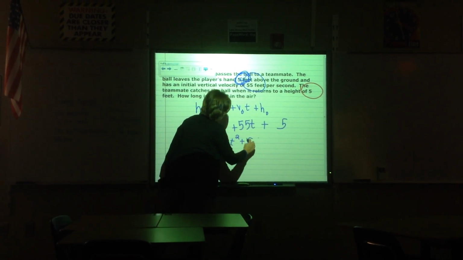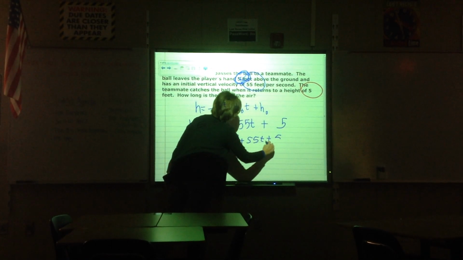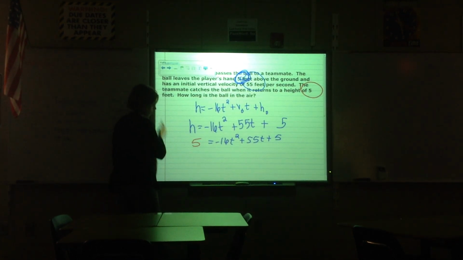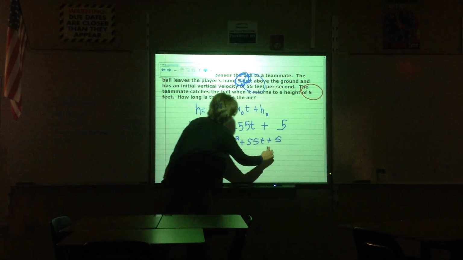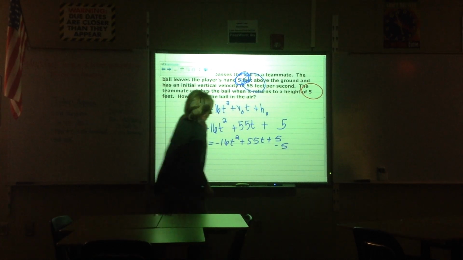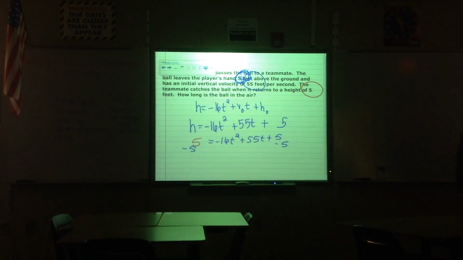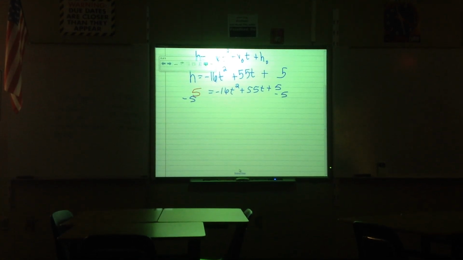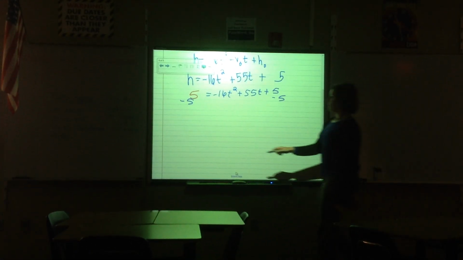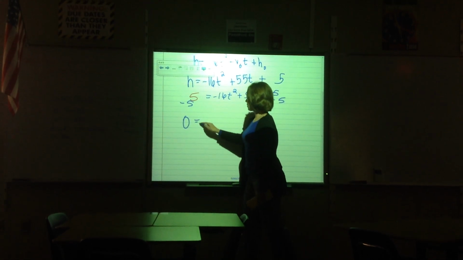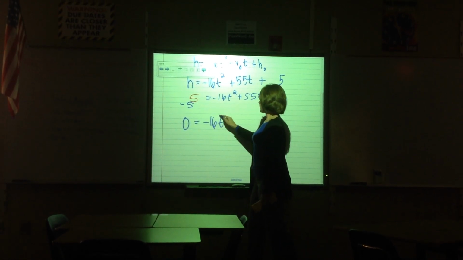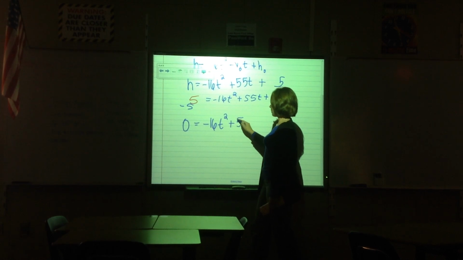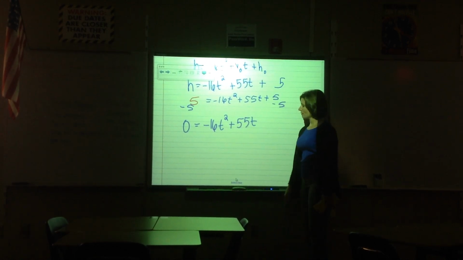You can use any method we have at this point. So I'd want to subtract 5. And I would get 0 is equal to negative 16 t squared plus 55 t.